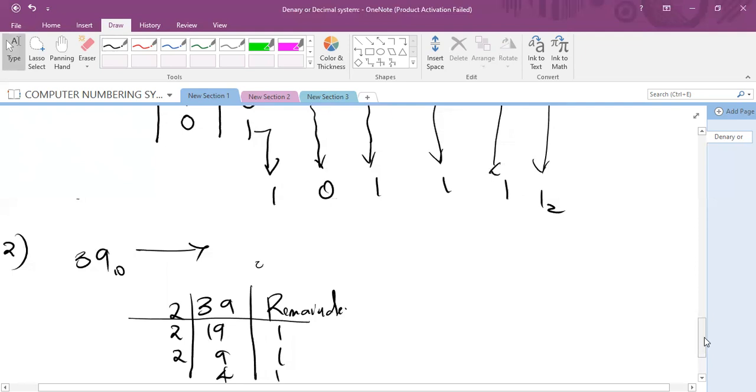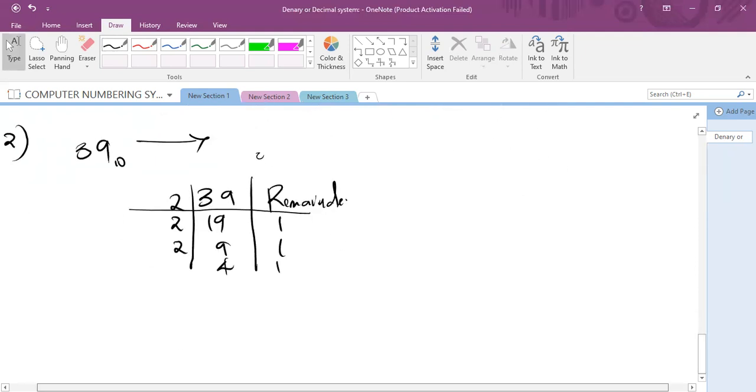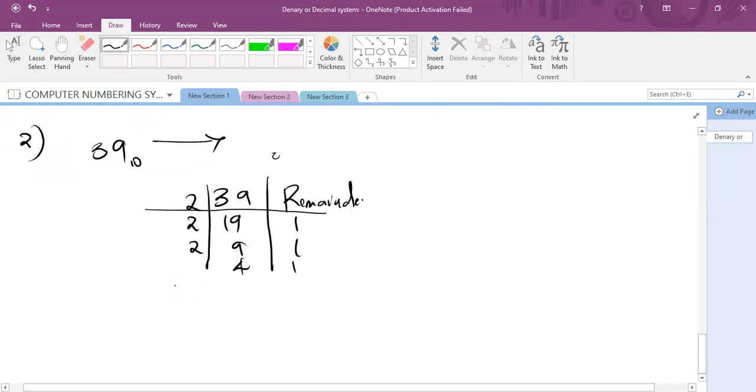Then 4 divided by 2 goes here 2 times, the remainder is 0. Then 2 divided by 2 goes here once, the remainder is 0. Then finally 1 divided by 2 goes here 0, the remainder is 1.